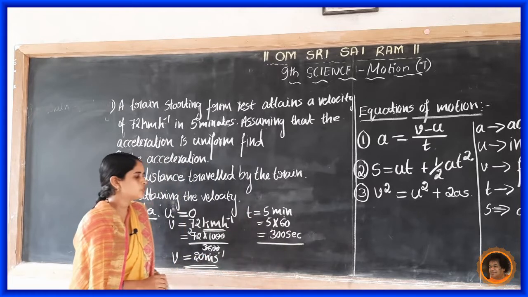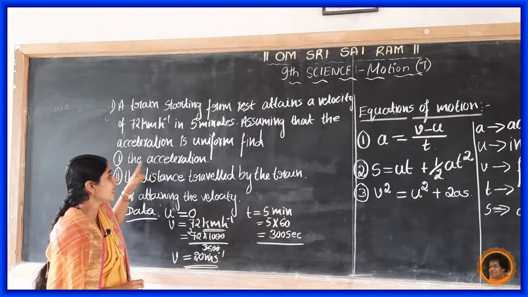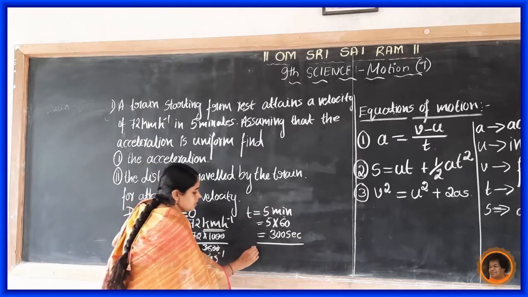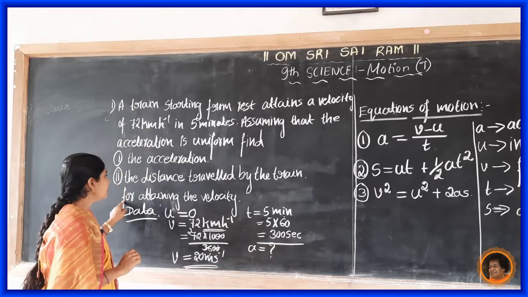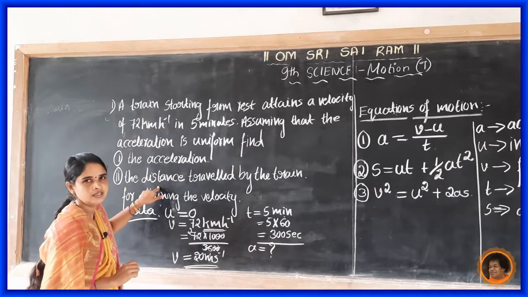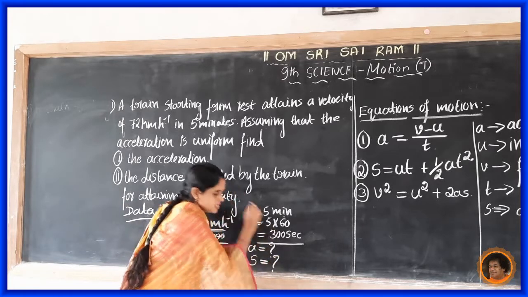So t equals 300 seconds. Then find the acceleration, a equals how much? And also find the distance travelled, s equals how much?